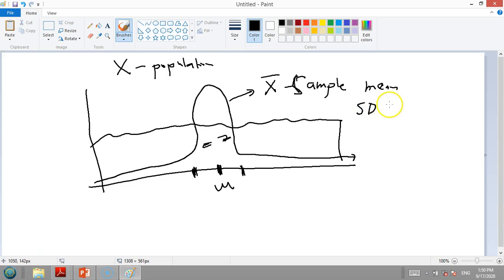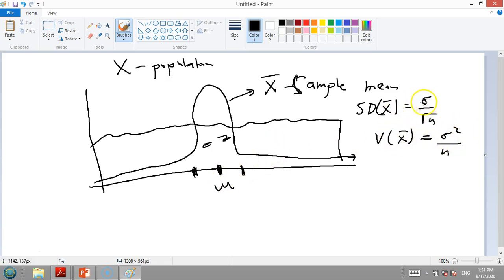Let's write here: the standard deviation of x bar is sigma over the square root of n. And the variance of x bar, just remember those, is sigma squared over n, because I take the square root of this to get that.